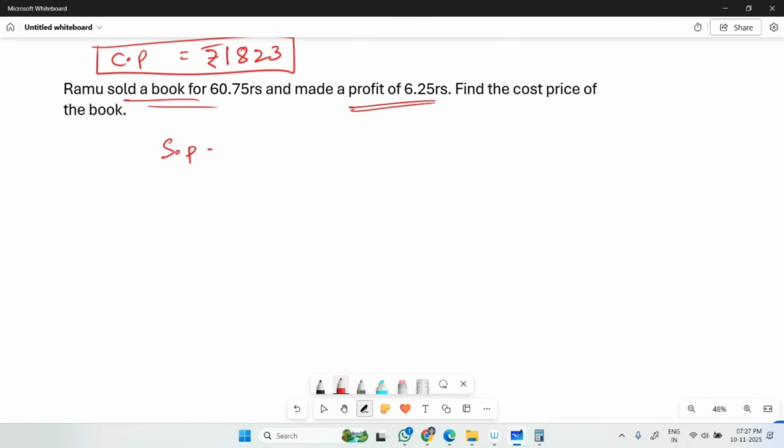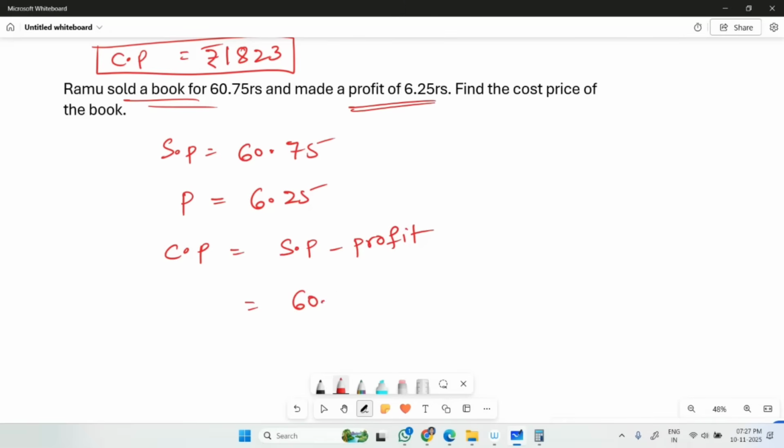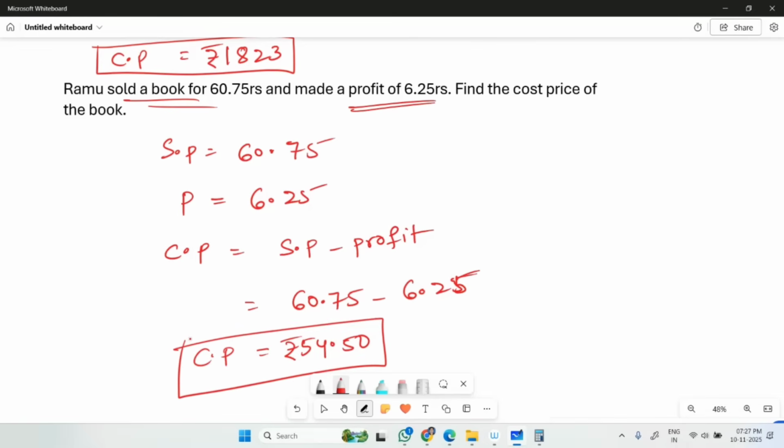That means selling price is 60 rupees 75 paise and profit is 6 rupees 25 paise, and the cost of the book, we need to find out the cost price, which is nothing but selling price minus profit, which is 60 rupees 75 paise minus 6 rupees 25 paise. If you subtract it, 54 rupees 50 paise, we will get it. So the cost of the book is 54 rupees 50 paise.